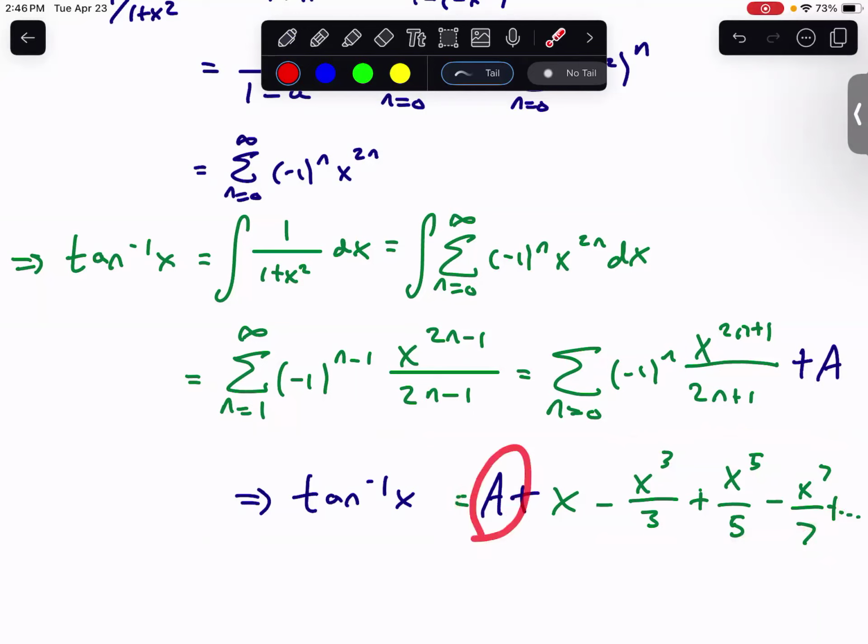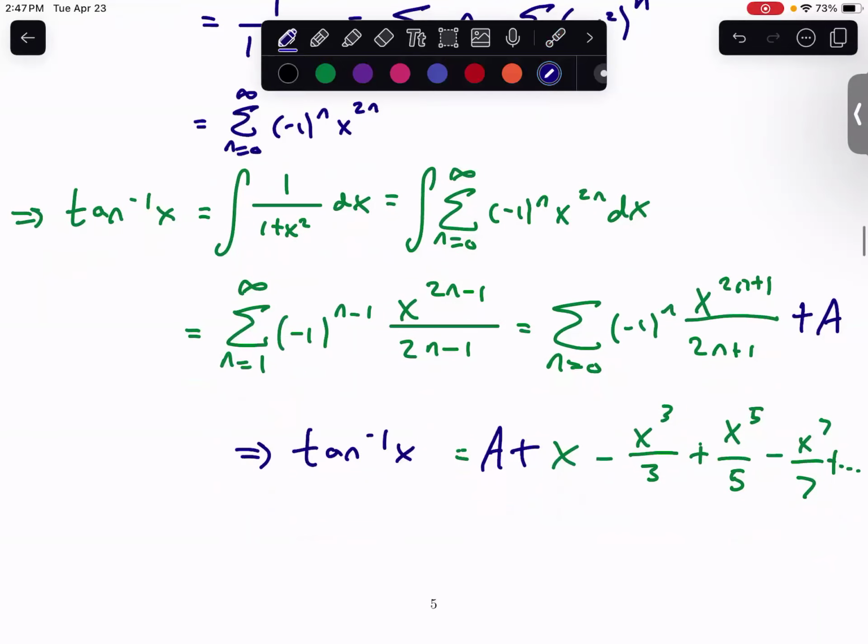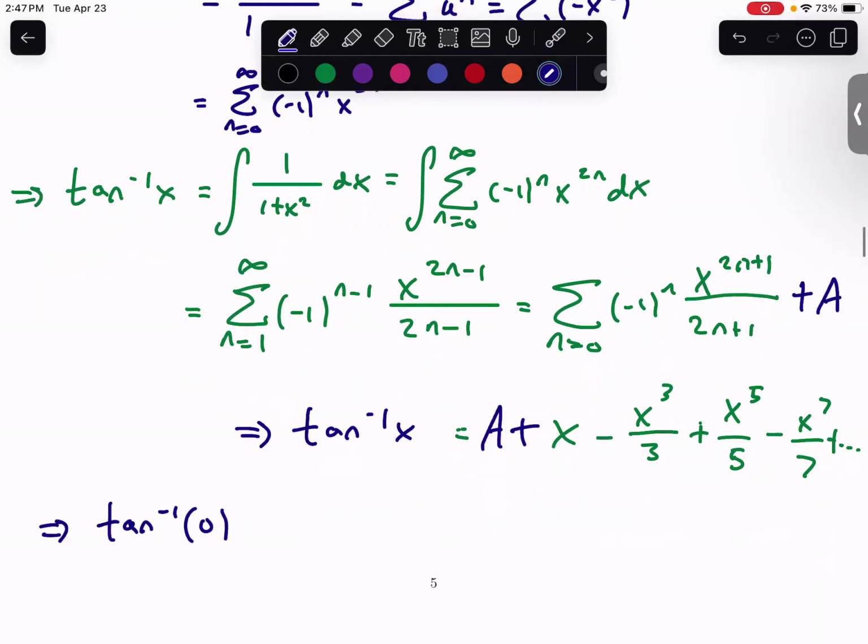So a is just going to be equal to inverse tangent evaluated at 0. Inverse tangent of 0 is equal to 0. This is going to be equal to a plus 0 minus 0 plus 0, which is equal to a. So we end up finding that a is equal to 0.